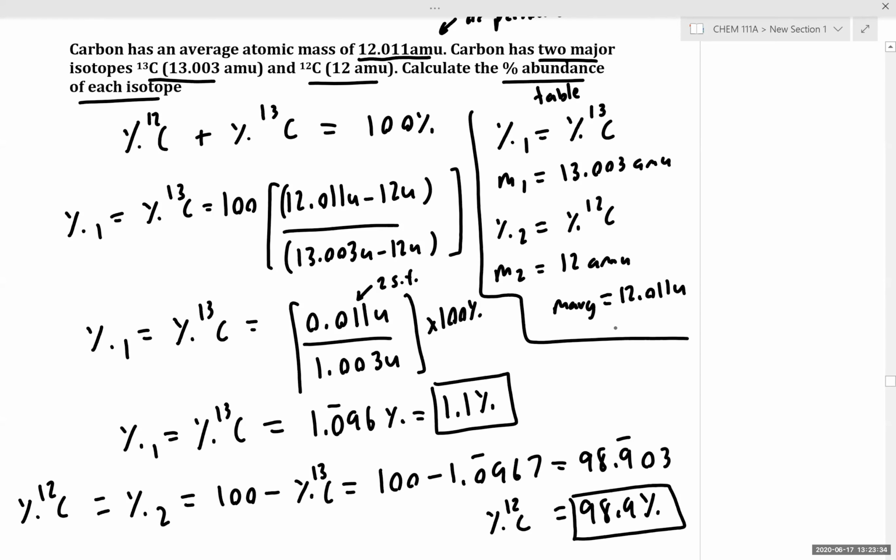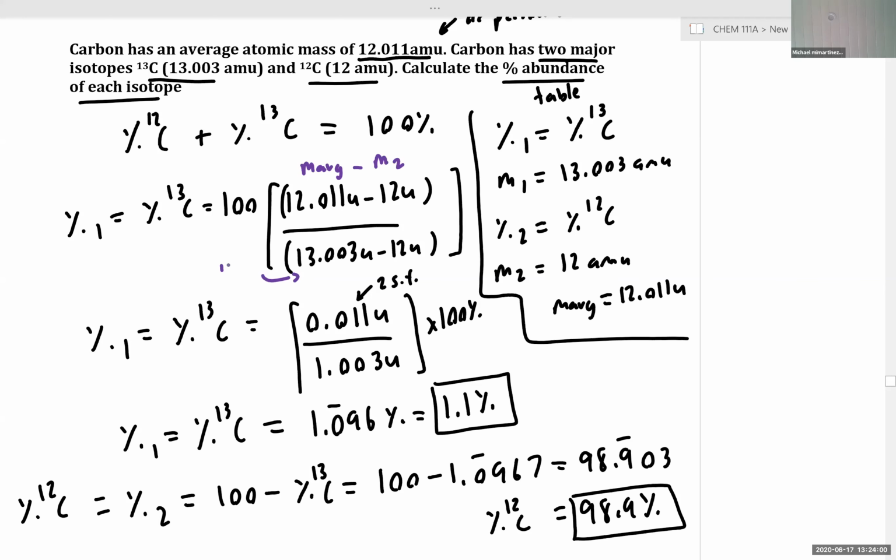Could you write that first part that's in brackets with variables and explain that again? This first part right here, I can annotate it for sure. Okay, so let's annotate it. So this first part is the average atomic mass. The second part is the mass of isotope 2.